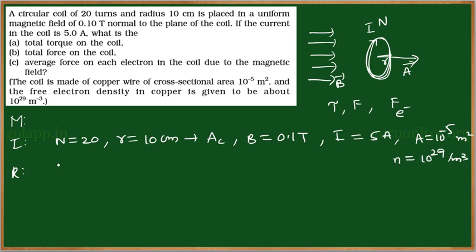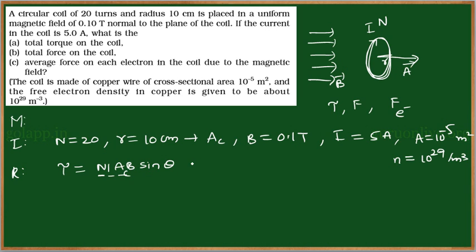We already know that the torque acting on a coil placed in a uniform magnetic field is tau equal to NIAB sin theta. N is the number of turns in the coil, I is the current flowing in the coil, A is the area of the coil, B is the uniform magnetic field, and theta is the angle between the normal vector and the uniform magnetic field.